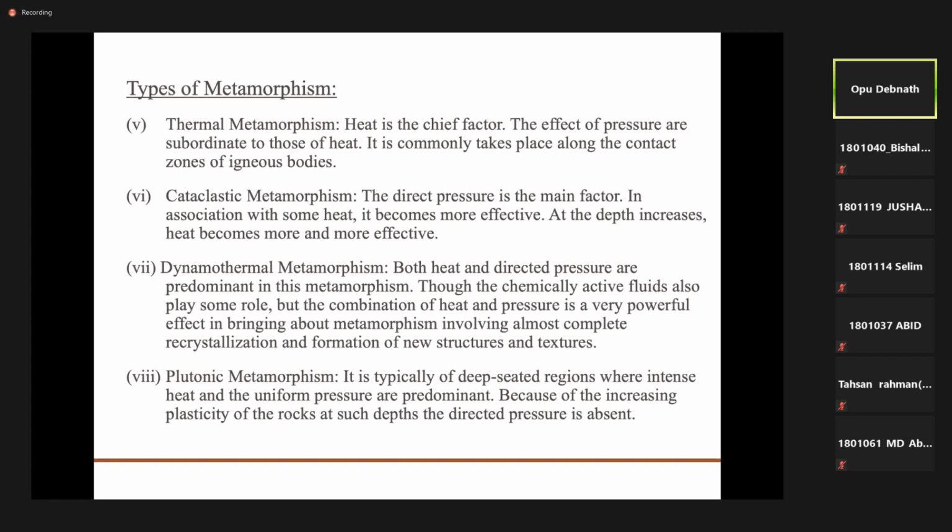So this is the effect of direct pressure. At shallow depth, the effect of heat is comparatively lower compared to greater depth. That means if you increase the depth, the heat will be more dominating and effective.